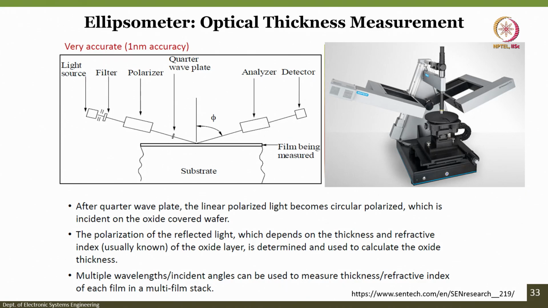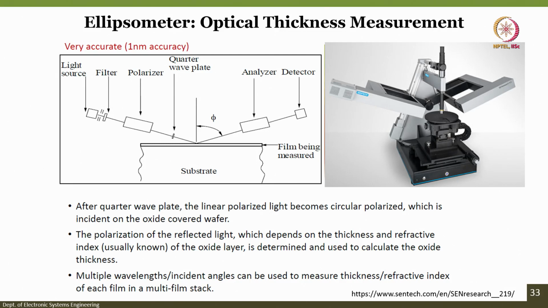Now, what about a different technique in which you do not have to really sacrifice the wafer or sacrifice the device? That means that you do not have to pattern the silicon dioxide to measure the thickness, right. For that you have something called an ellipsometer, okay. An ellipsometer is an optical thickness measurement technique, extremely accurate, with 1 nanometer accuracy.